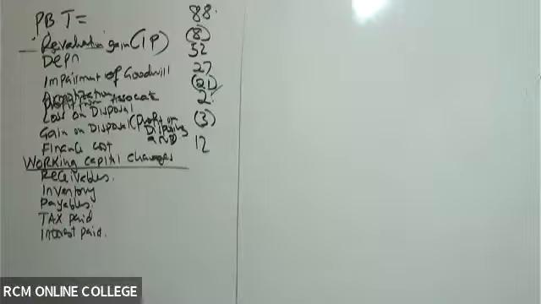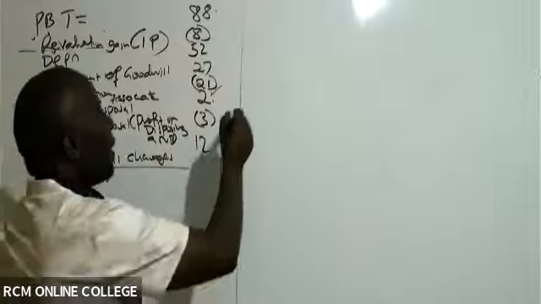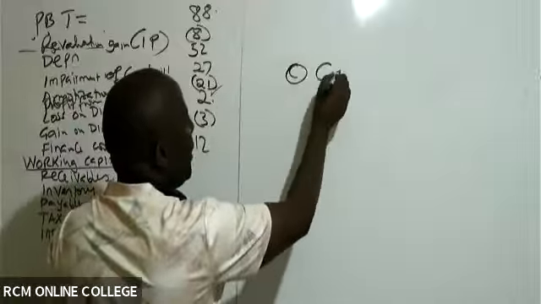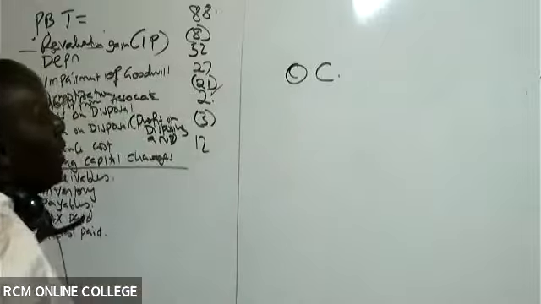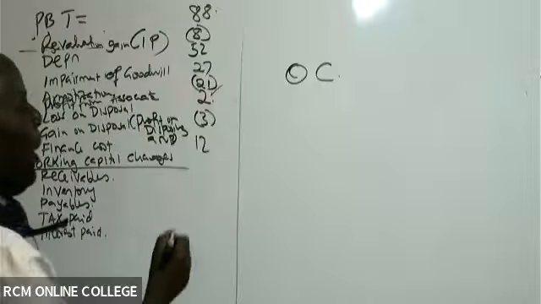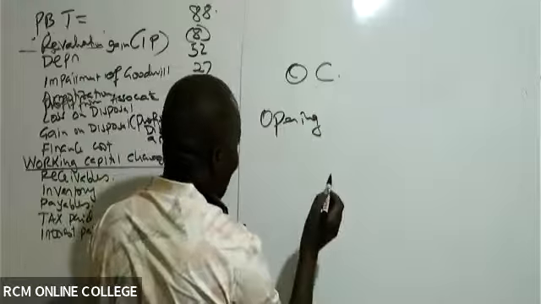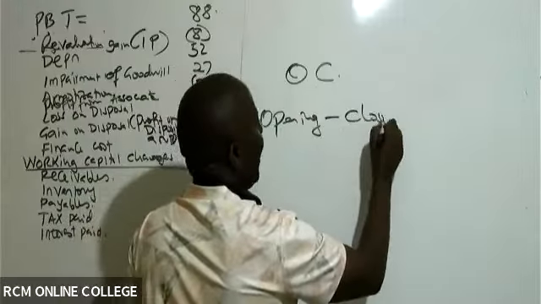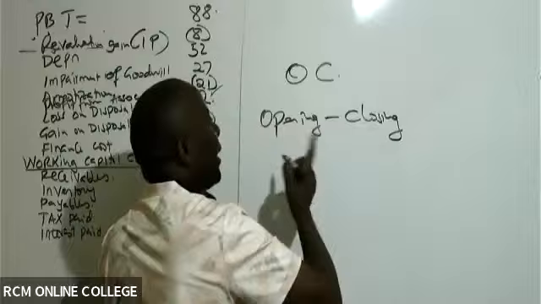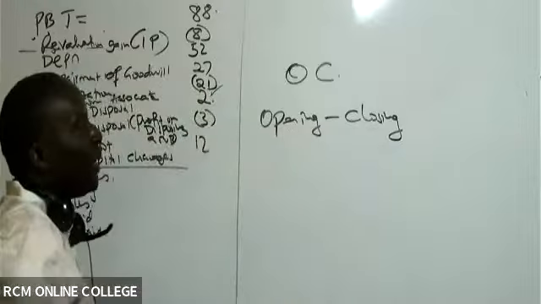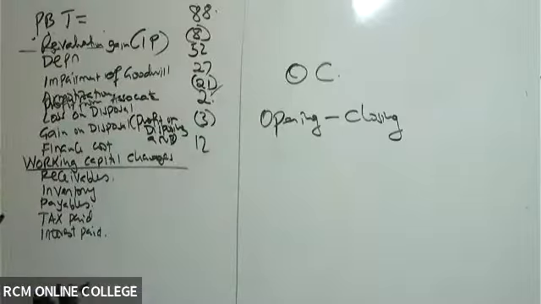Under working capital changes, we normally use the acronym OC. It is opening, not inventory, but opening minus closing. Anytime you have working capital changes, opening minus closing.